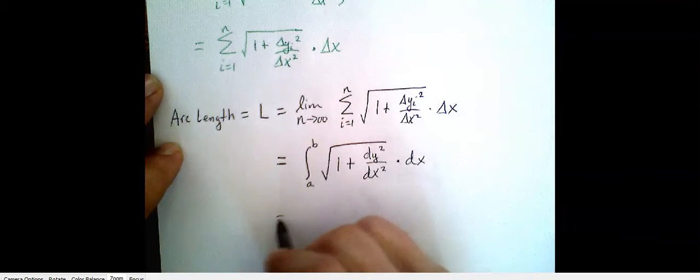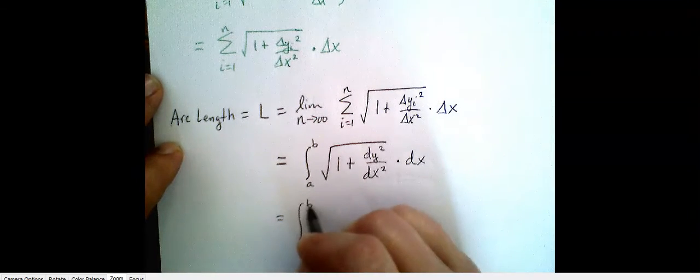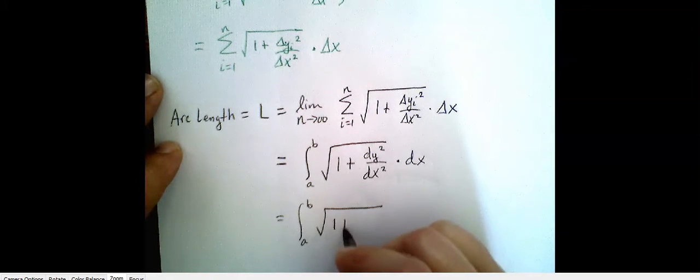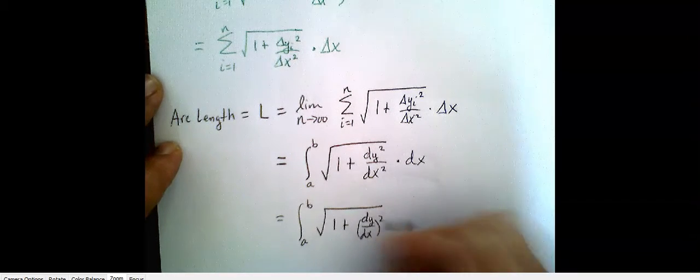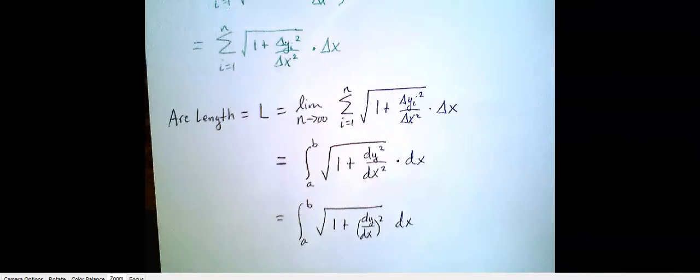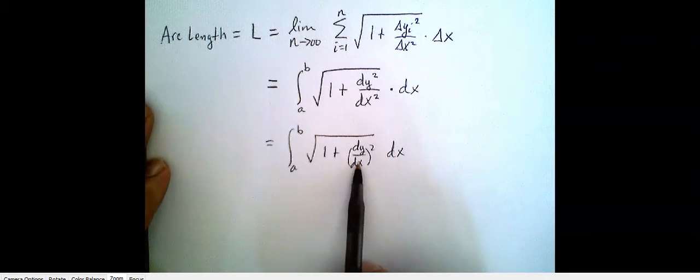And if you notice here, if these both are being squared, we can actually rewrite that as the square root of 1 plus (dy over dx) squared dx. So you can see here this dy/dx is just simply the first derivative of the function y, right?